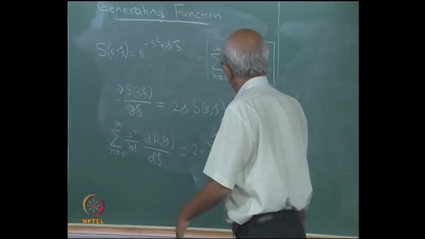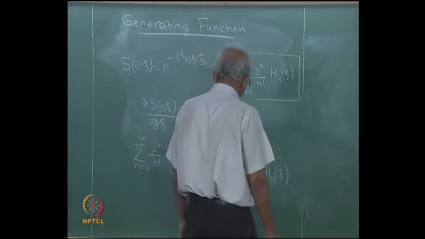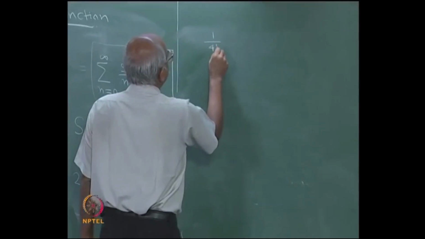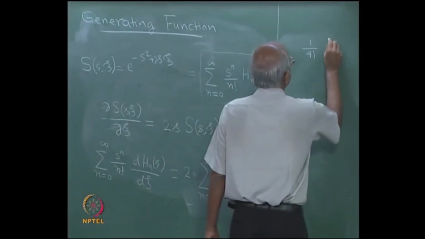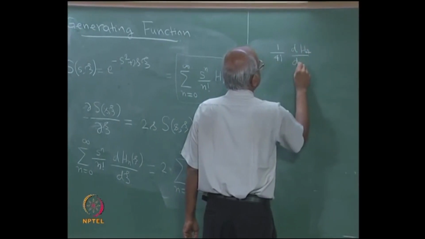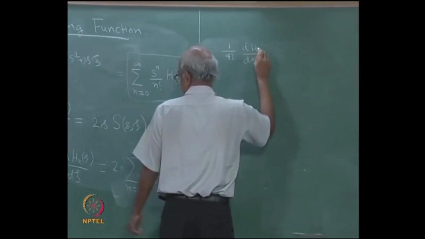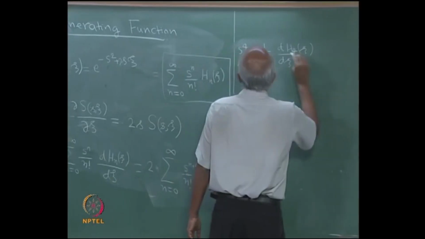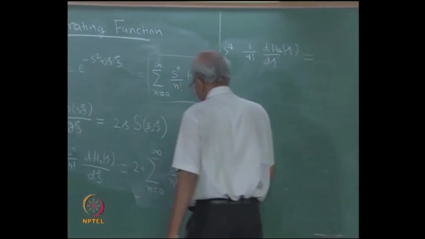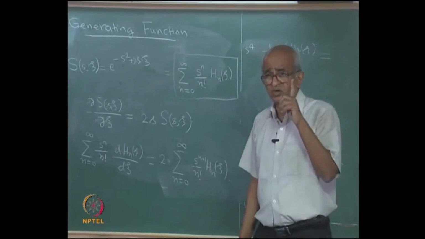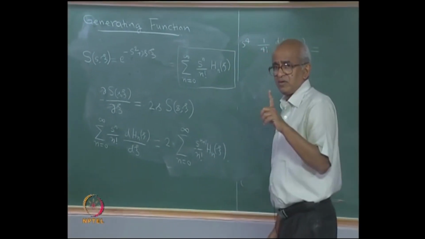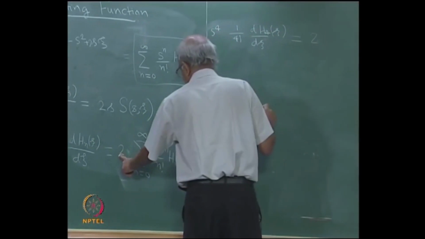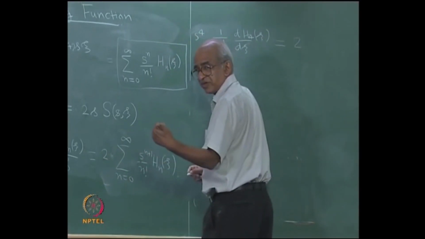So therefore let us say I want to look at the coefficient of s to the power of 4 on the left hand side. What is it? It is actually 1 by 4 factorial dH4 by dξ. That is the coefficient of s to the power of 4 on the left hand side. What will be the term on the right hand side? Coefficient of s to the power of 4. You will get n plus 1 should be equal to 4.